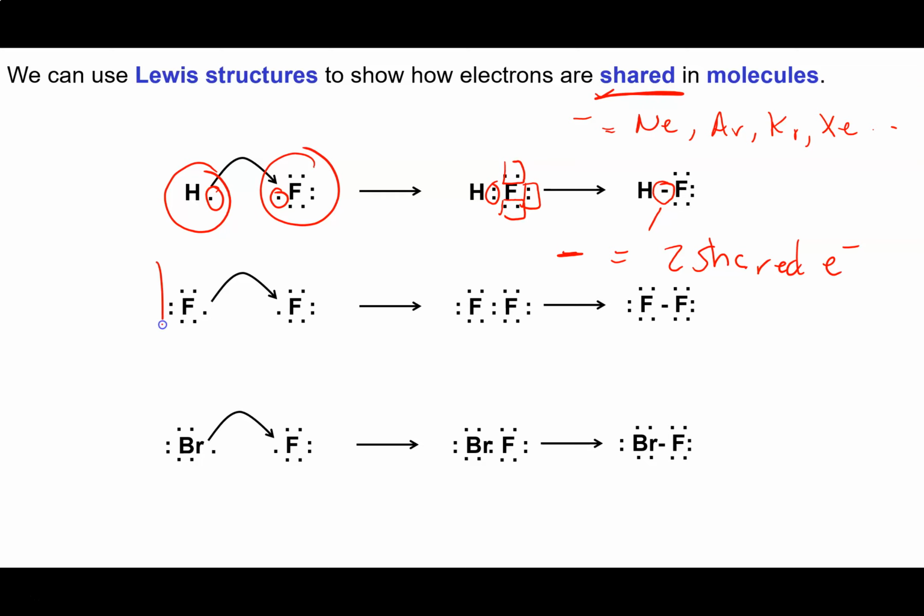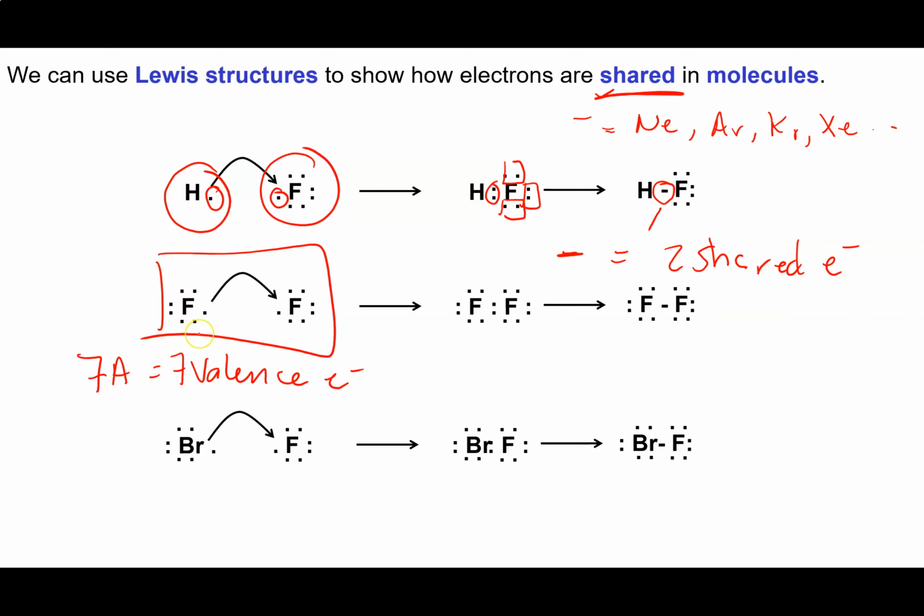So we know that when fluorine atoms come together, they get stuck in pairs. Fluorine exists in nature as a diatomic molecule. Why is that? Fluorine's in group 7A, which means that it has 7 valence electrons.